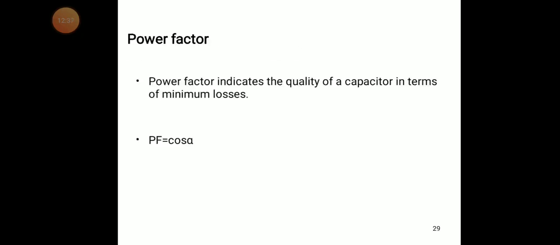The next specification is the power factor. This is also an important factor whenever we are choosing a capacitor. The power factor indicates the quality of a capacitor in terms of minimum losses. The meaning is, the power factor indicates how much loss will occur for this capacitor.